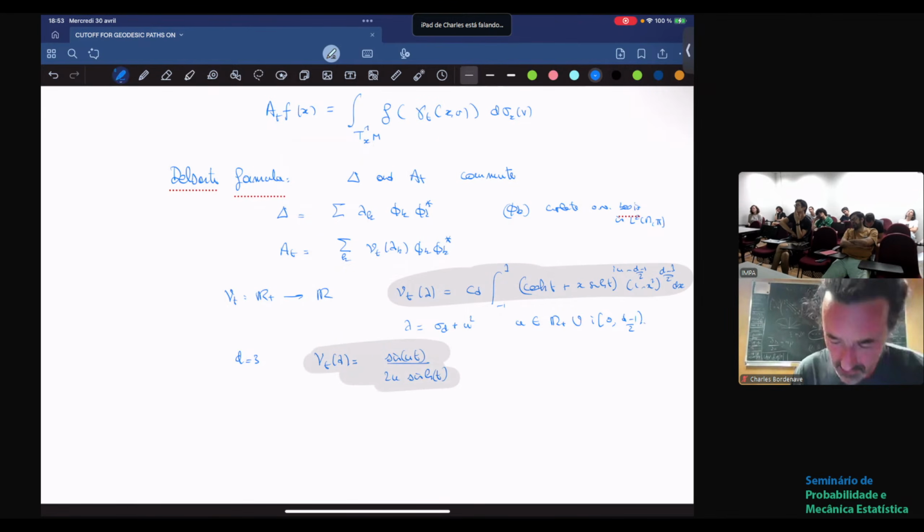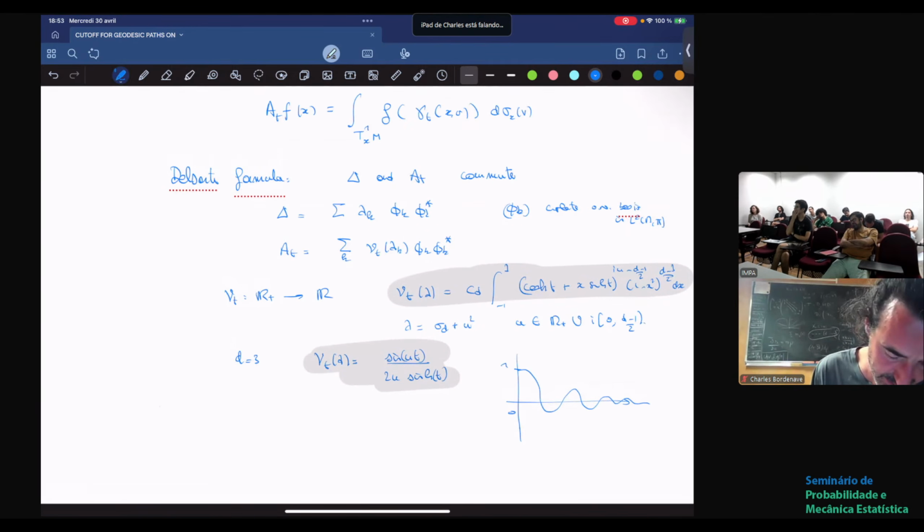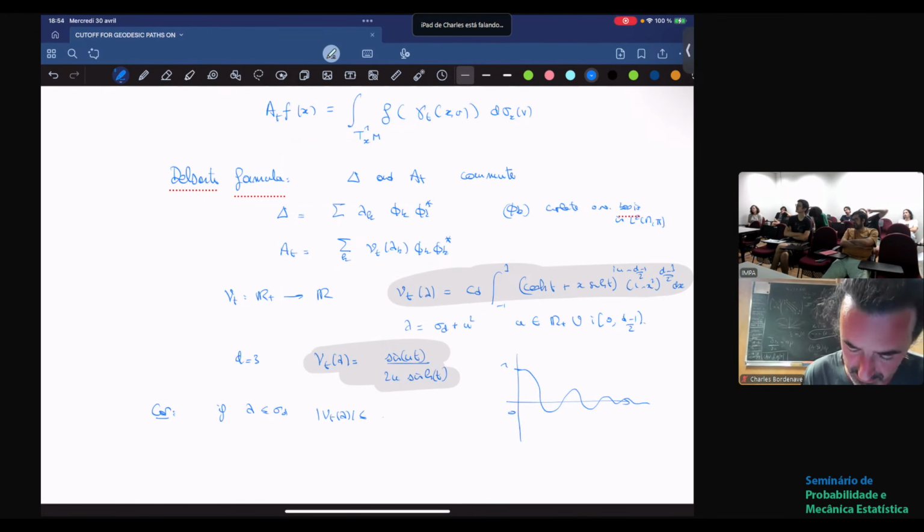The way to think about this function is that it is 1 at 0, because it's a Markov operator, and then it has some oscillatory behavior. The corollary is that we know how it behaves: if lambda is less than sigma_d, nu_t(lambda) is bounded by t.